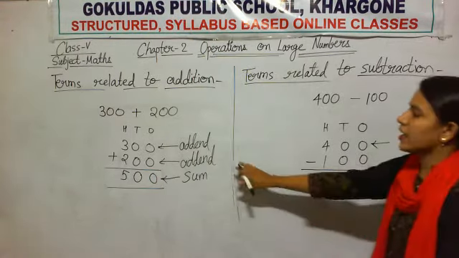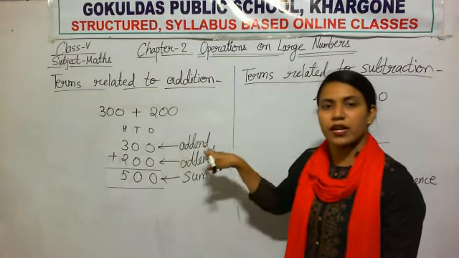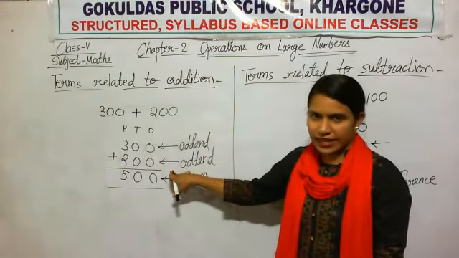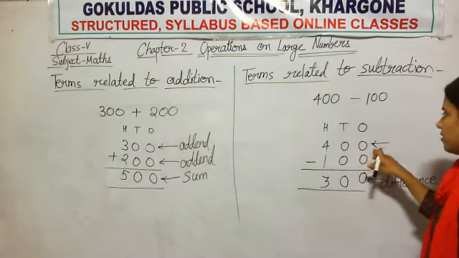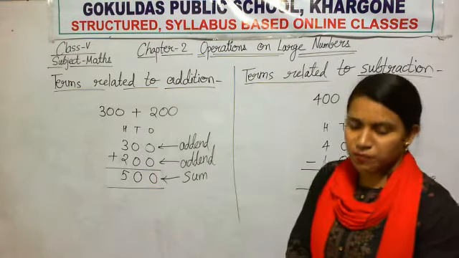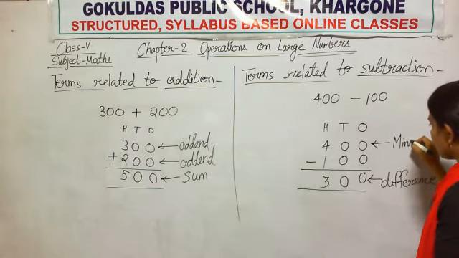Okay. Here in addition, the numbers to be added are called addends. First addend and second addend. In subtraction, the larger number is called the minuend.